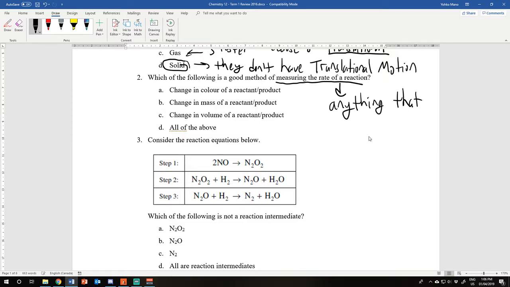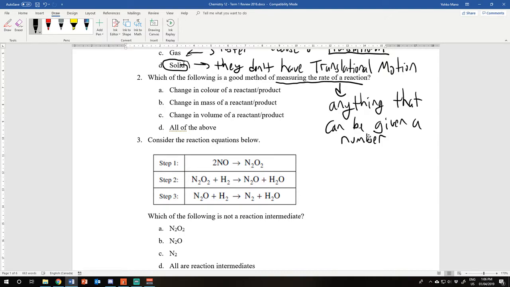And the only thing that you really can't give a number is like smell, because we don't have any kind of numerical scale for smell. One of these days we might, but currently we don't. So measuring a smell is not a good way of measuring a rate of reaction.